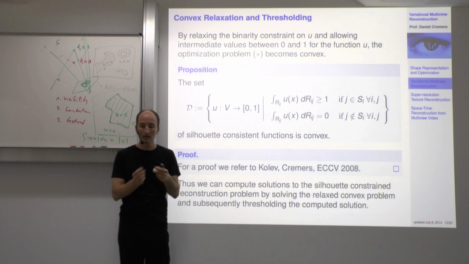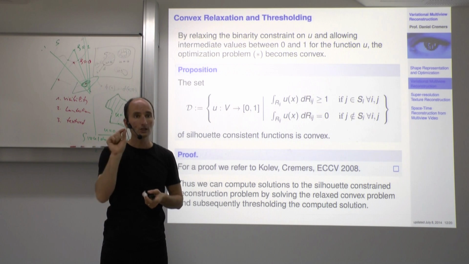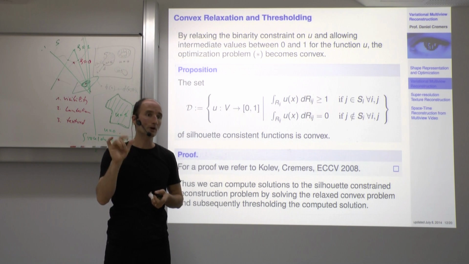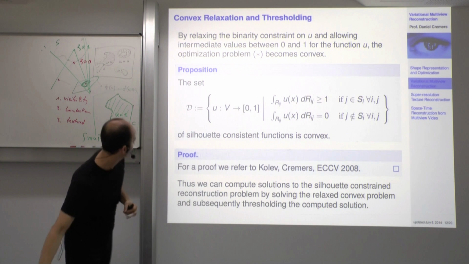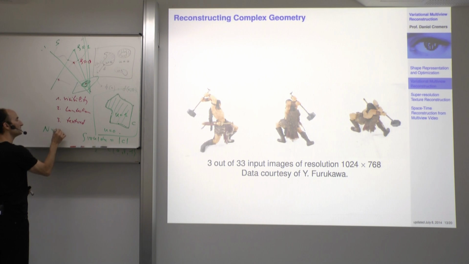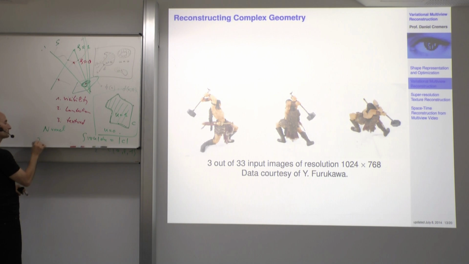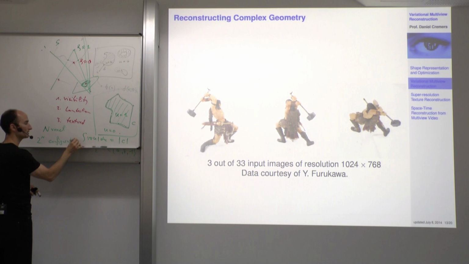Well, obviously, I discretize my world into lots of voxels, and each voxel could be object or background. And so the space of all possible shapes, if I have n voxels, large n, each voxel could be object or background, so I have 2 to the power of n configurations, or shapes in that discretization.